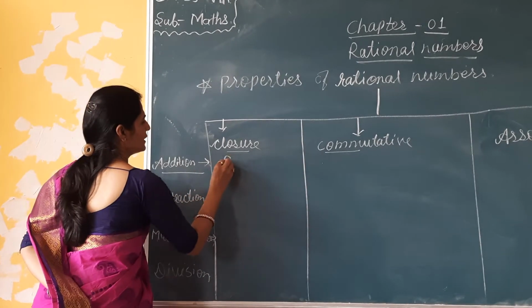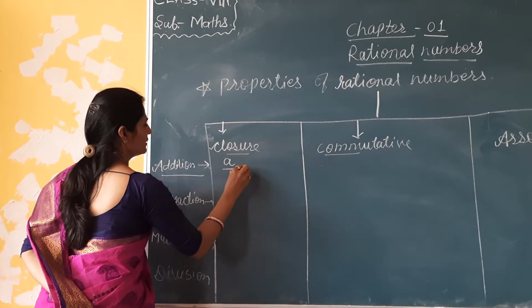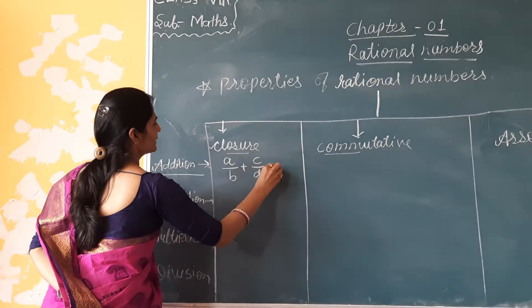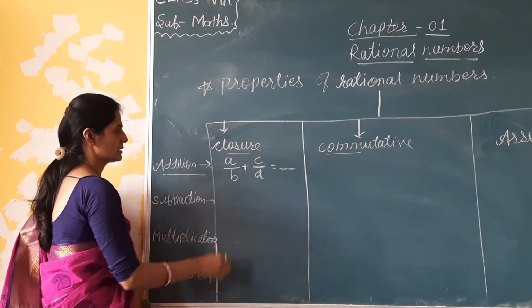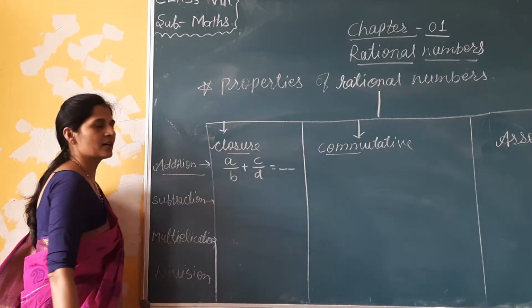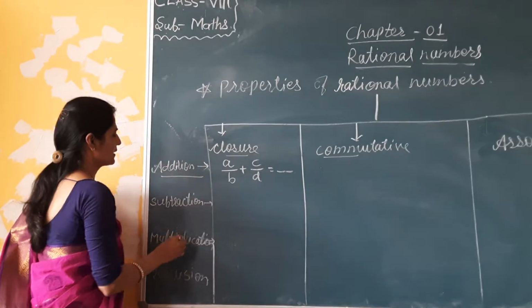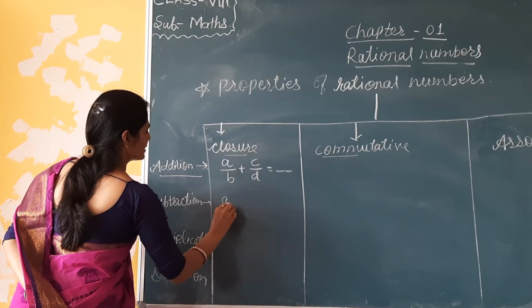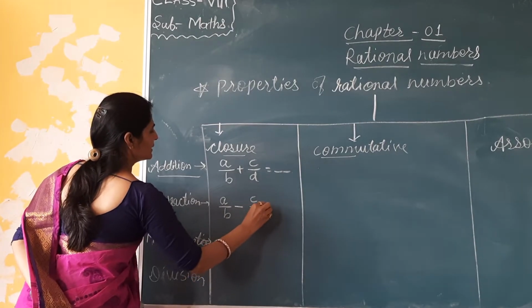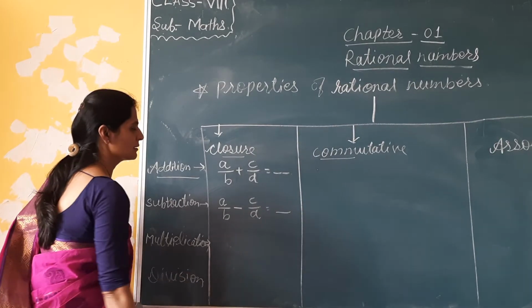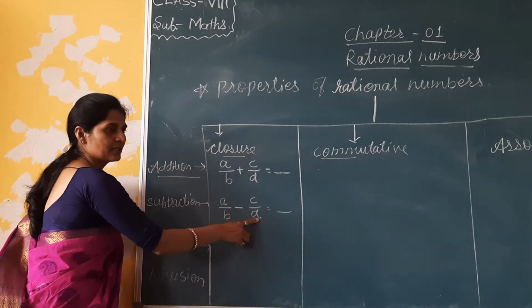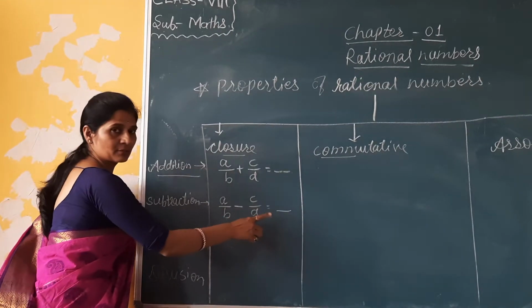Suppose we have a upon b plus c upon d, then we will get a rational number. Means rational numbers are closed under addition. Then for subtraction, a upon b minus c upon d, then we will get a rational number again.